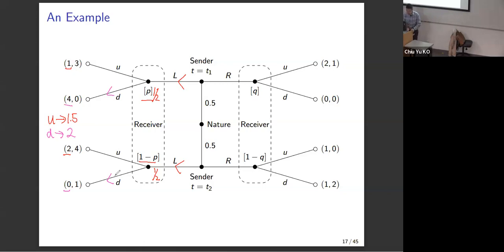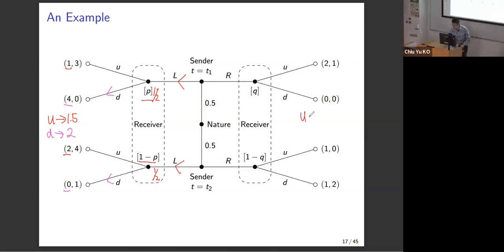If you choose U, then the payoff will be Q times 1 plus 1 minus Q times 0.